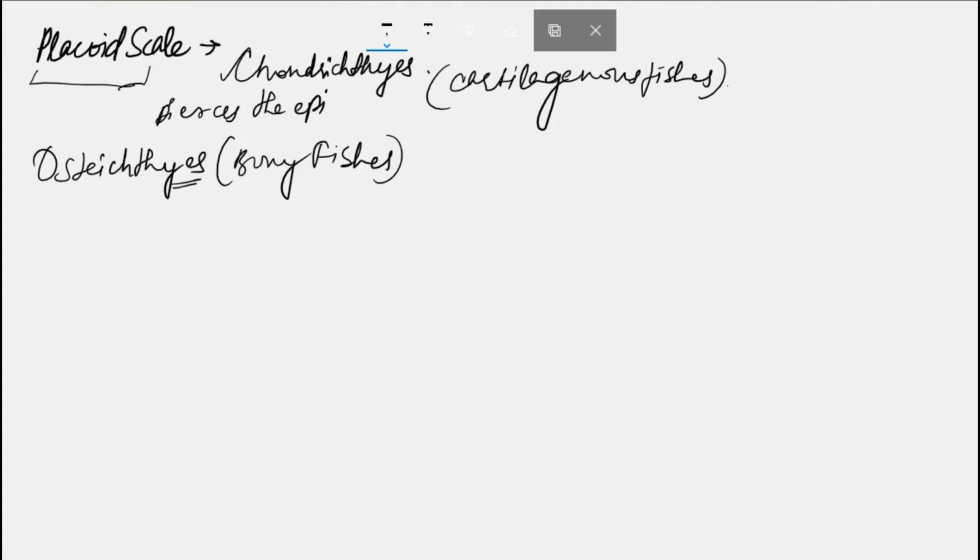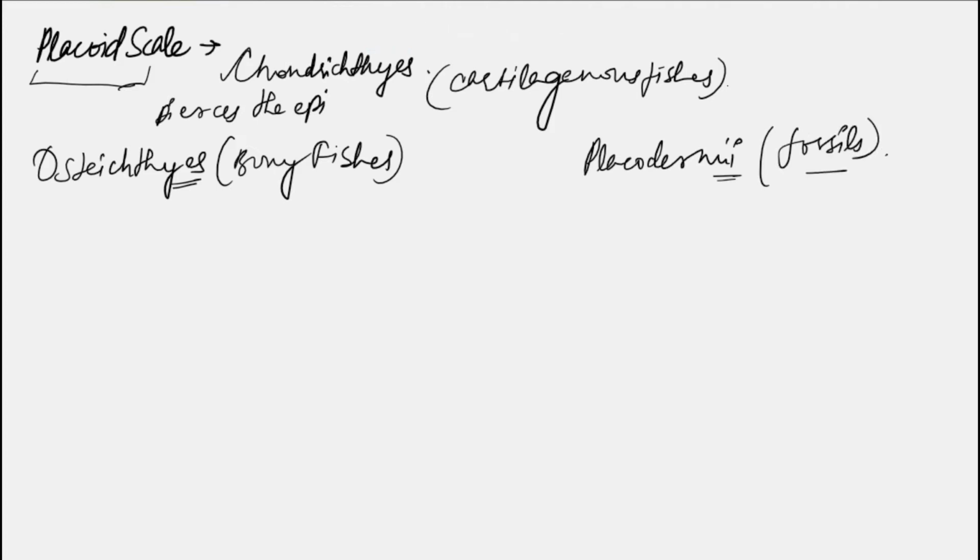These advanced scales in Osteichthyes are believed to be derived from the bony armor of primitive fishes, the class Placodermi. As I've already told you about this class, Placodermi, they are dead fishes. Only fossils are present.